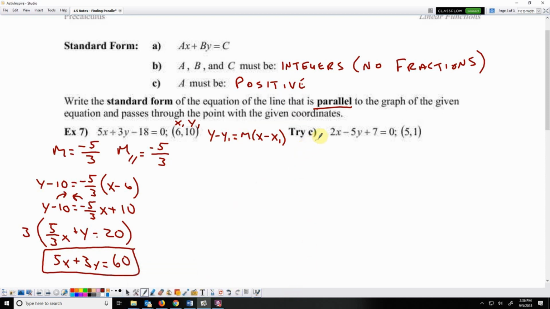Okay, so here's another one with the same set of directions. So first, the slope, opposite of A over B is 2/5. And there is my x1 by y1. The slope of a parallel line is also 2/5. So y minus 1 equals 2/5 times x minus 5.